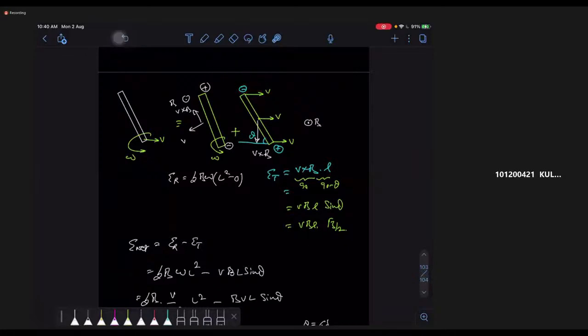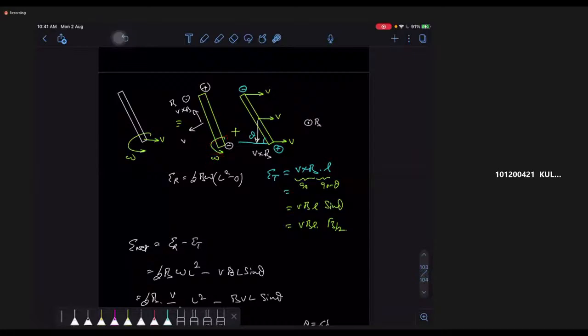But if I say my omega, there is one twist coming here. I have taken the omega in this way, and in the diagram, they have given the omega in the reverse way. But the omega coming is in the way I have taken.